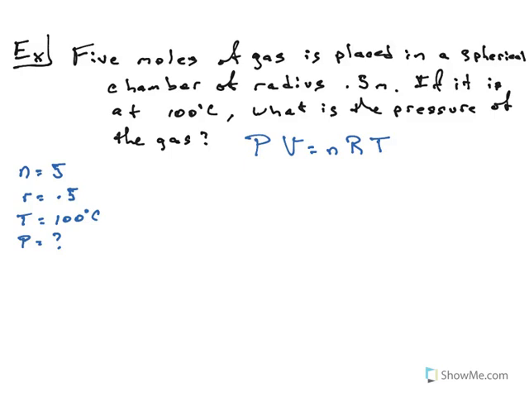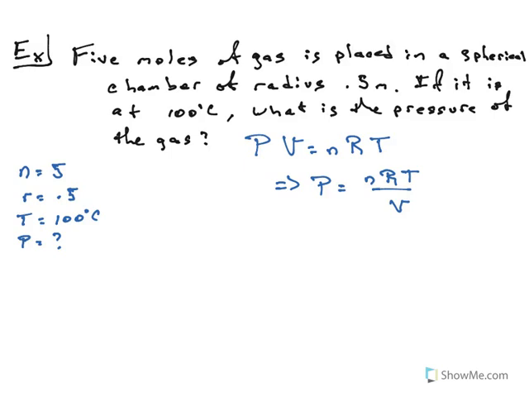So, in order to solve this, pressure is nRT over V. So I need the number of moles n, I need the ideal gas constant, the universal gas constant, which I know, I need the temperature, and I need the volume. I have everything except the volume. I don't know the volume here. But I do know something about the chamber itself, the thing you've placed the gas in, and it is a sphere with a certain radius.